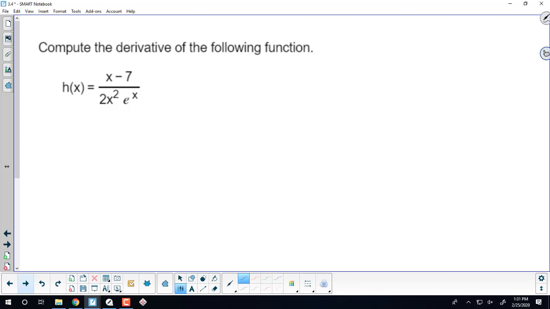Right now, just worry about the derivative and not simplifying the derivative.